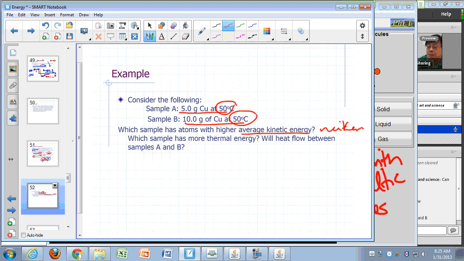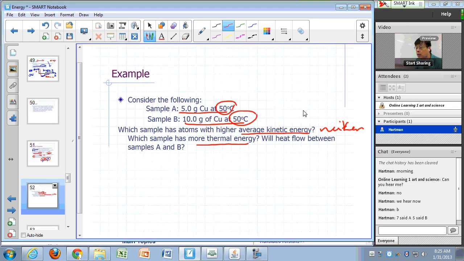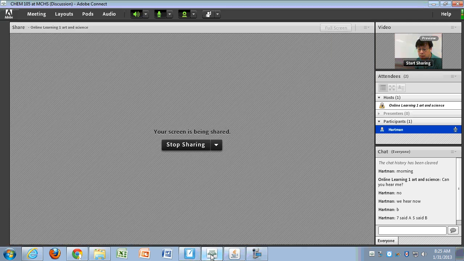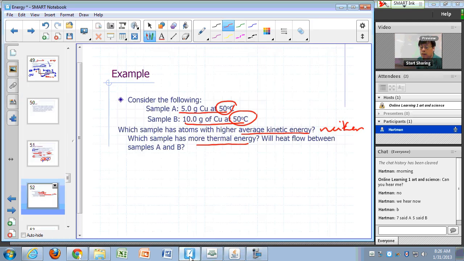But which sample has more thermal energy? Okay, so is it A or B? Which one has more thermal energy?